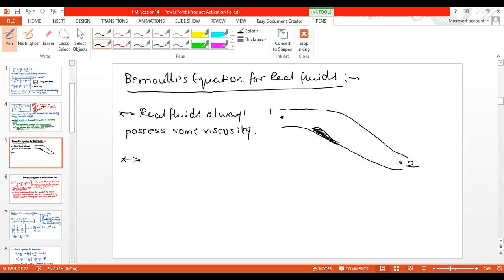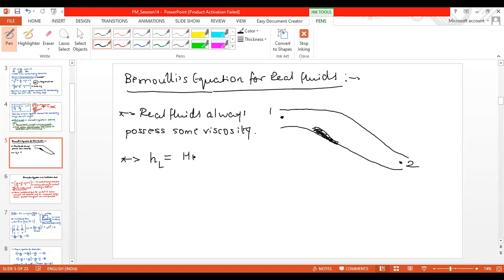Because of that, when the flow happens between these two points, 1 and 2, there will always be some loss of energy. Let me denote that loss of energy by the term HL.